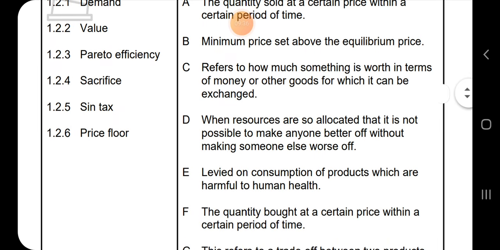And then it says when resources are so allocated that it is not possible to make anyone better off without making someone else worse off.